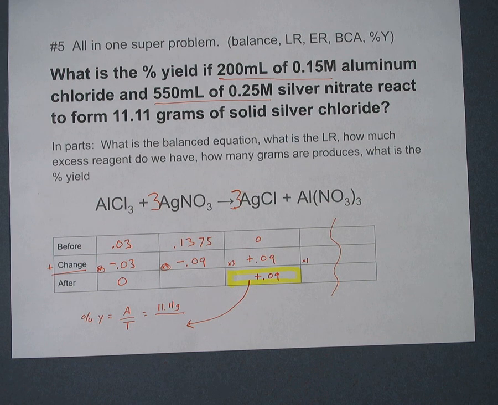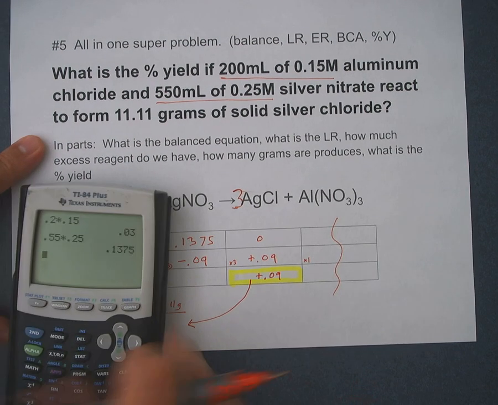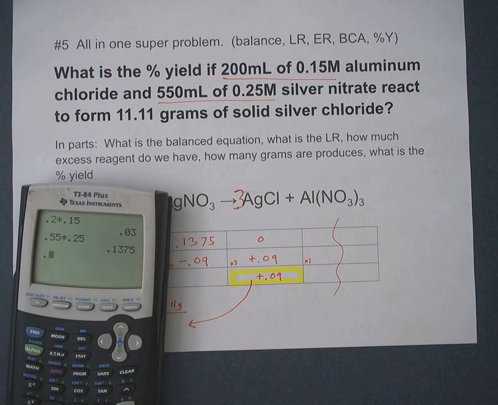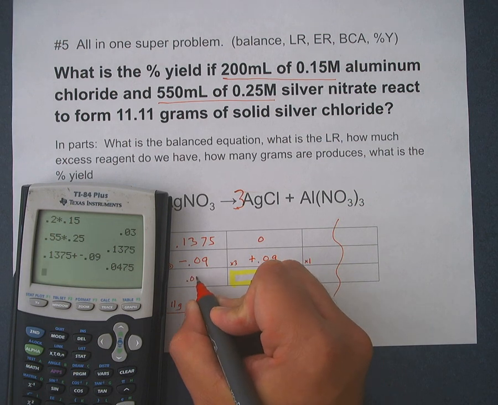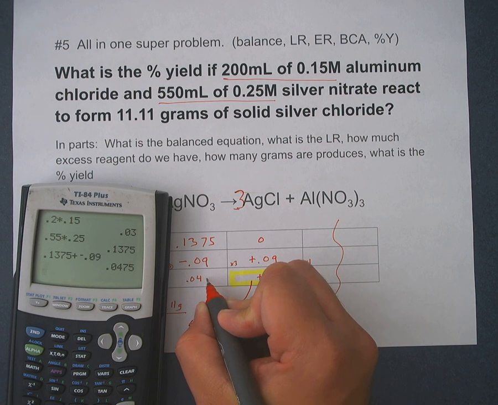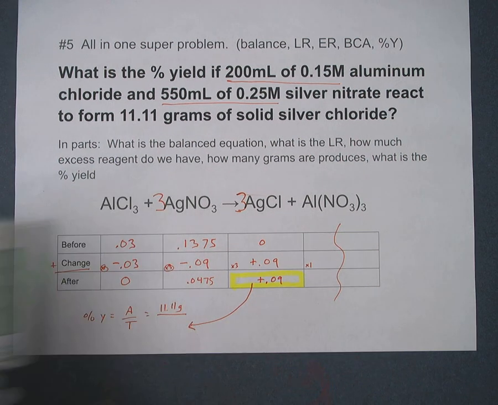That's going to be an important number. But there is a question in there. Oh, you know what? I forgot to ask about the excess reagent. Well, let me just finish this off. If I had to finish this column here, 0.1375 plus negative 0.09 equals 0.0475.